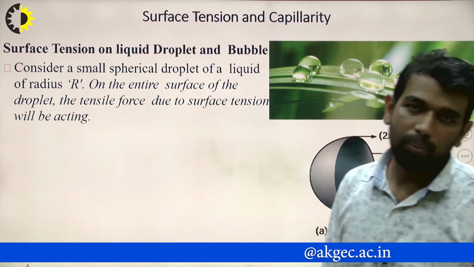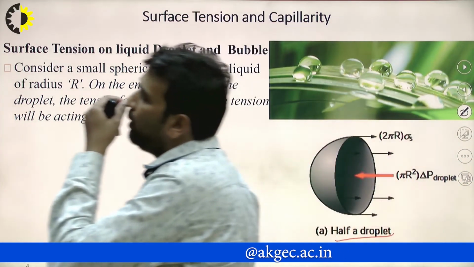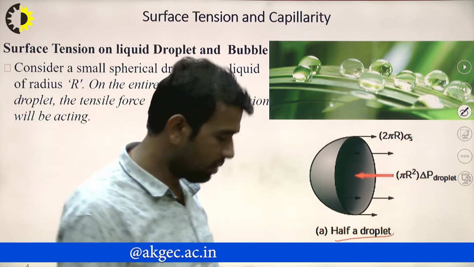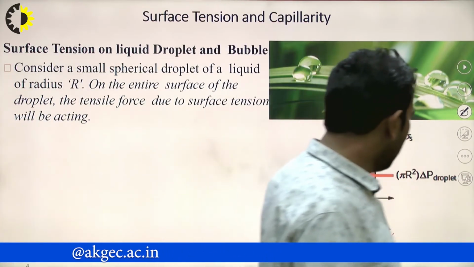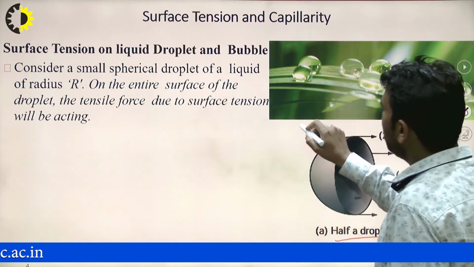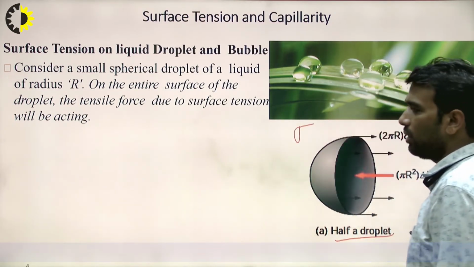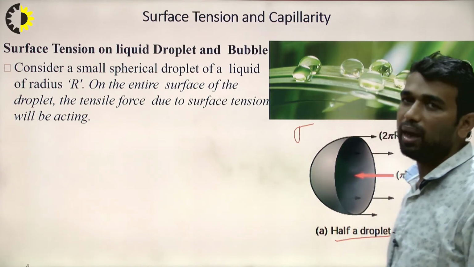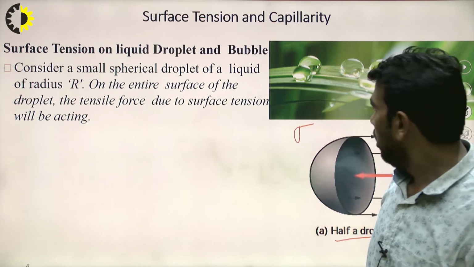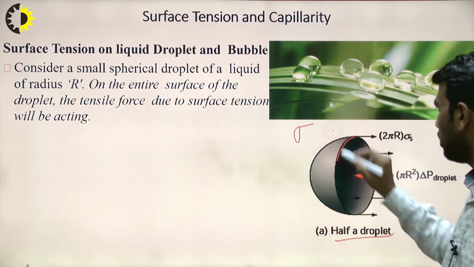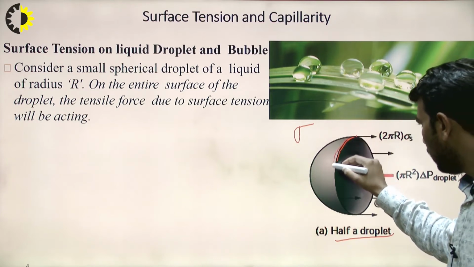We are already familiar that the surface tension acts at the surface of the sphere. I choose the amount of the surface tension as sigma. If the surface tension is sigma, what is the total length of the surface exposed to the air, because it's a droplet?